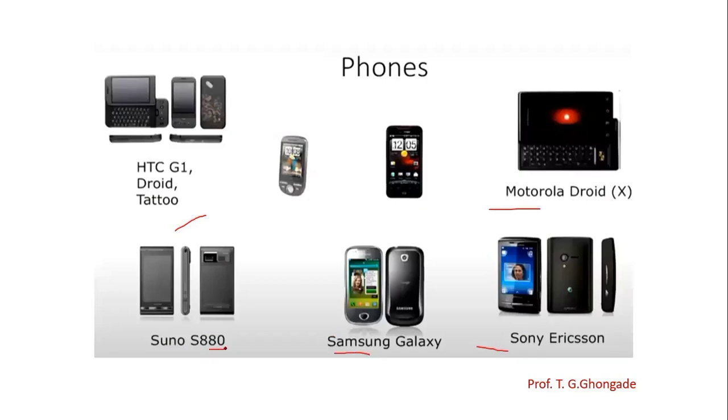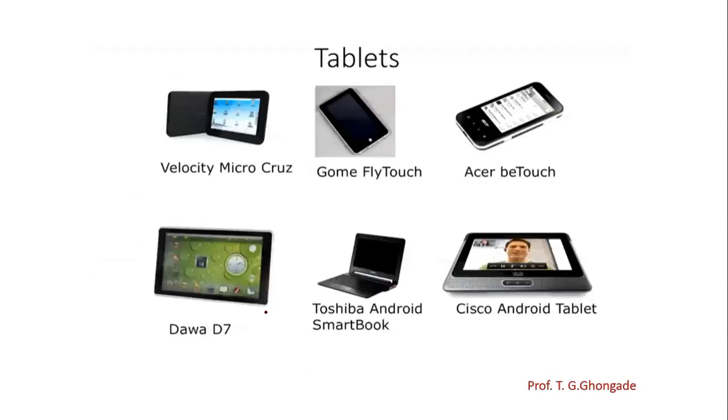These all are mobile phones that support the Android operating system. Some tablets are also there: Velocity Micro Cruise, GOM FlyTouch, Acer BTouch, Cisco Android tablet, Toshiba Android Smartbook, Dava D7. So there are lots of tablets supporting the Android operating system.